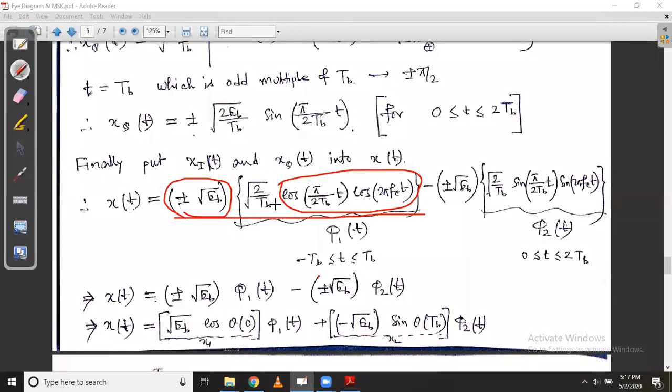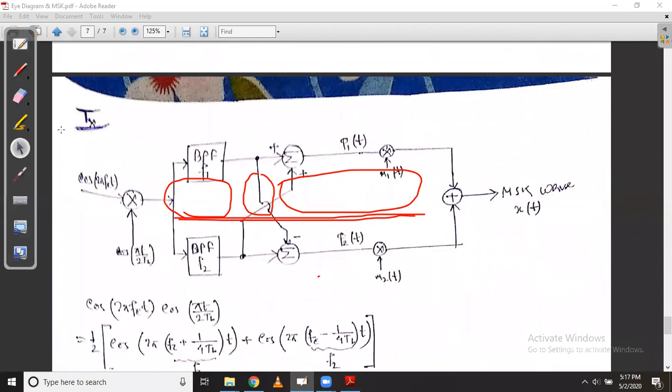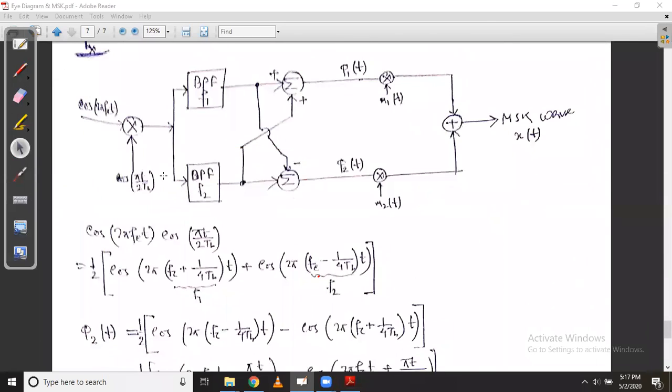Some amplitude part also will be there. Whatever the amplitude value is, that is root of 2 by Tb. So the first part we got at the transmitter upper section, clearly understand. Then it will be added here.